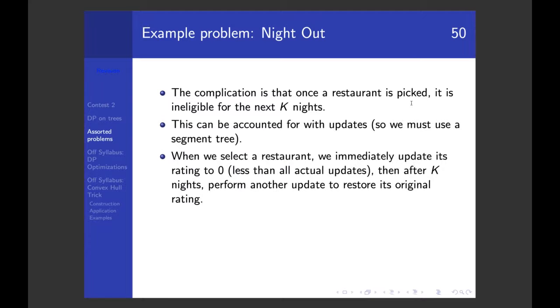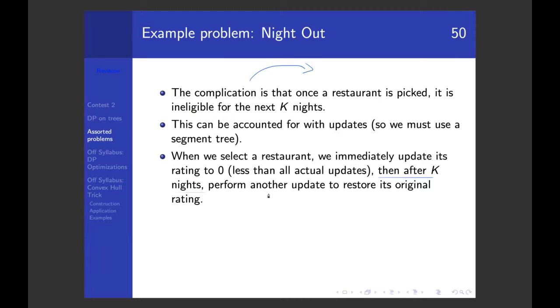How does this work? Well, if we eat at a restaurant, we can change its rating to 0. This is because all ratings are positive. So if a restaurant has rating 0, we're not going to pick it unless it's the only choice. And then K nights later, we can update it back to its original value.